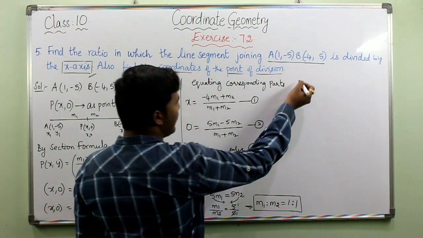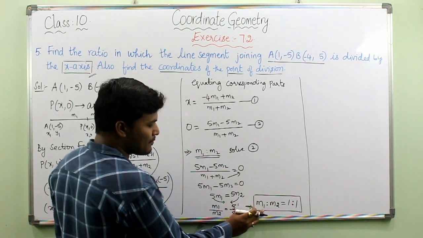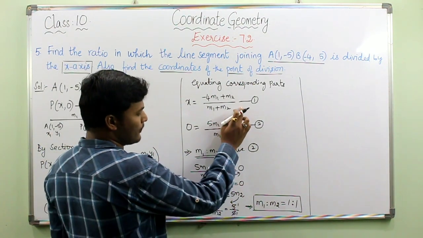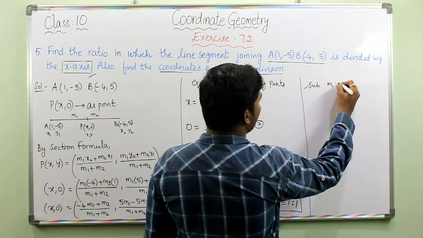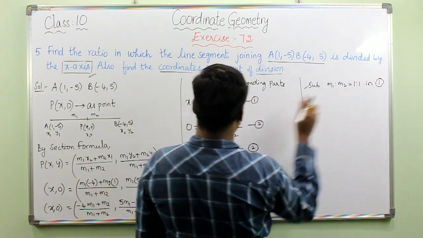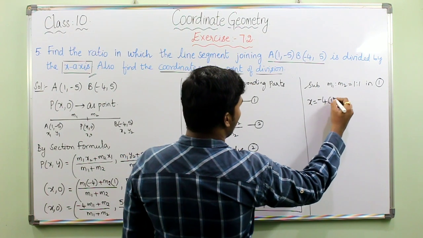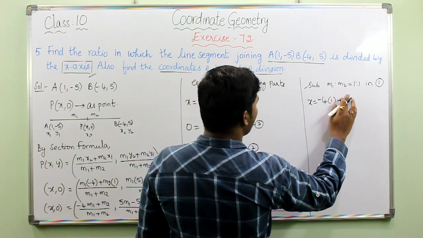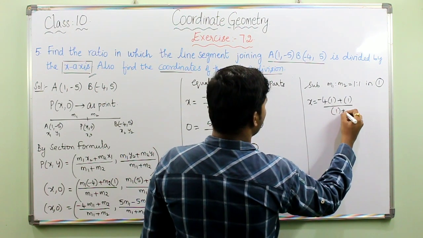Now to get the x-coordinate, let us substitute the ratio in the first equation. Substituting m1 is to m2, that is 1 is to 1, in the first one, we will get x is equal to (-4 into 1 + 1)/(1 + 1).